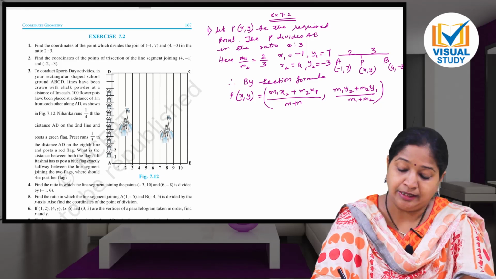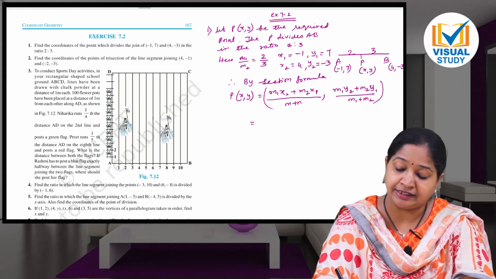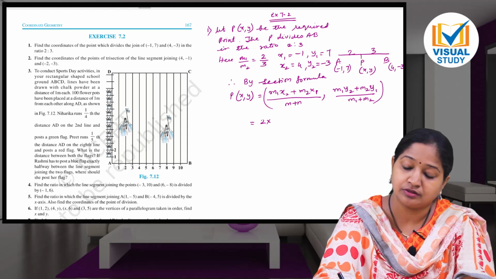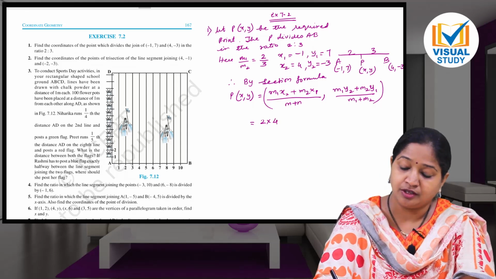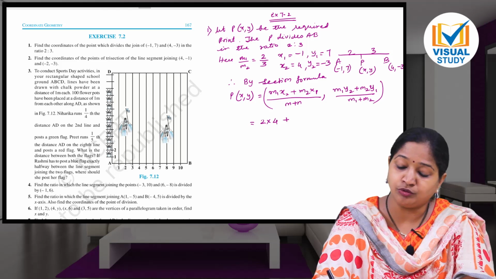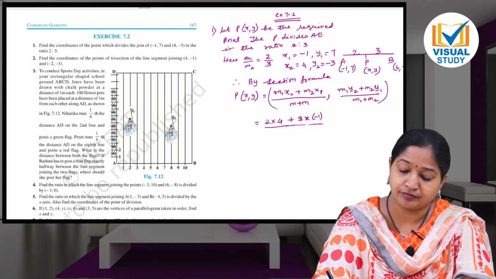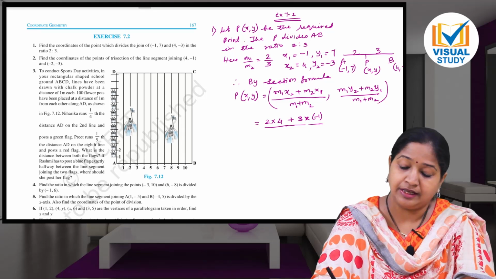Do it. What is our M1? That is 2. 2 into what is our X2? X2 is 4. Plus, what is M2? That is 3. Into X1 is -1, upon M1 and M2, that is 2 plus 3.